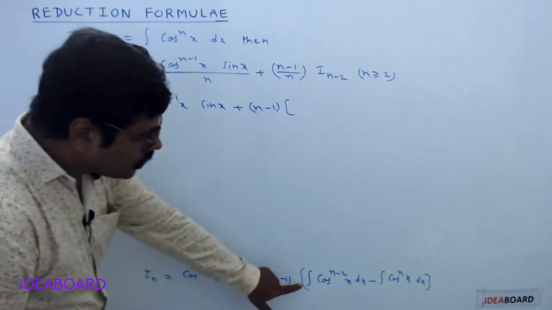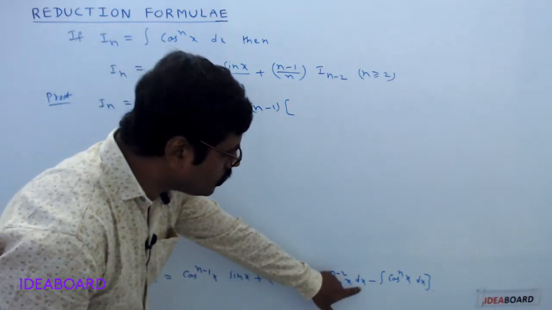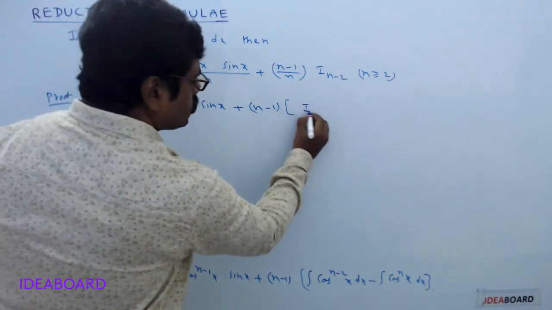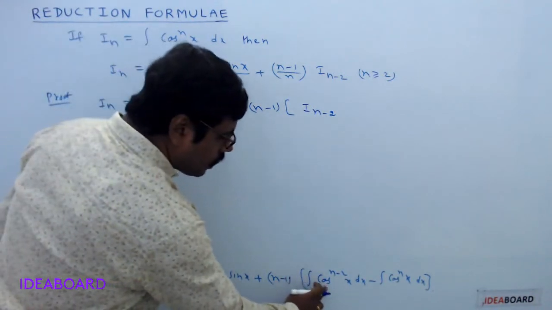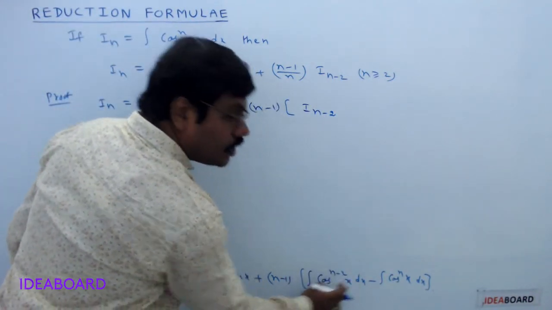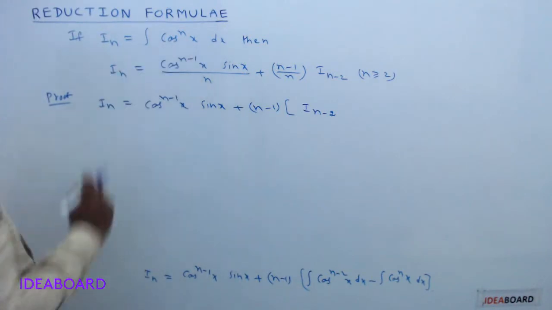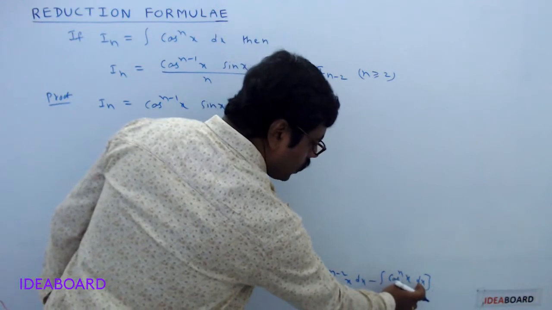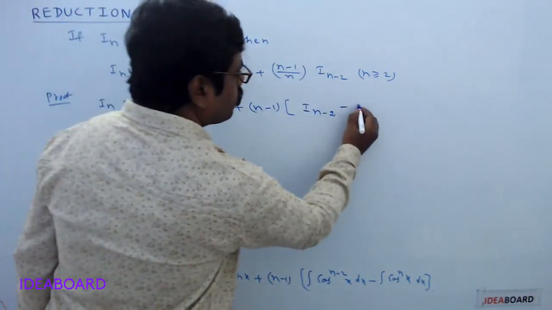So what is the value of integral cos power n minus 2 x dx according to this notation? That is I n minus 2. Integral cos power n minus 2 x dx is I n minus 2 according to this notation, minus integral cos power n x dx, that is your given function In.